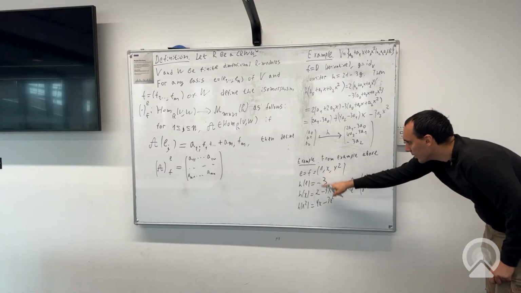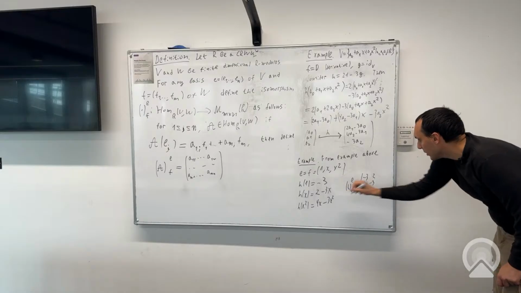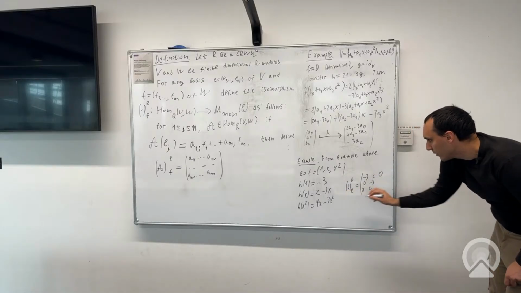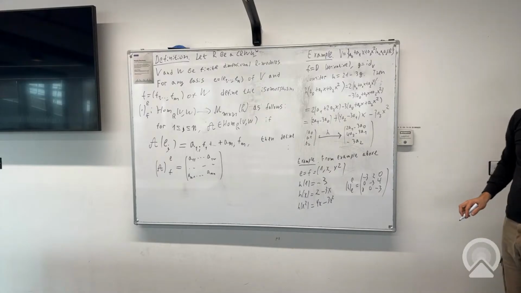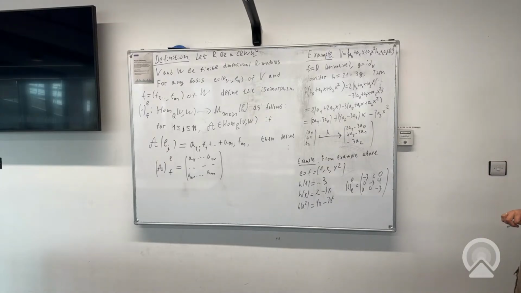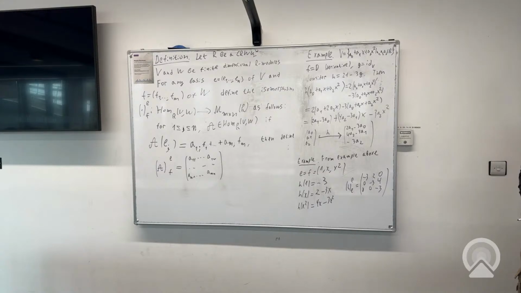Then we have 2, minus 3, 0, and this is 0, 4, minus 3.